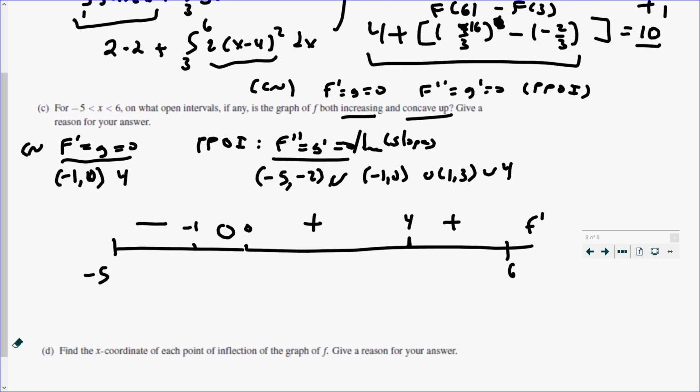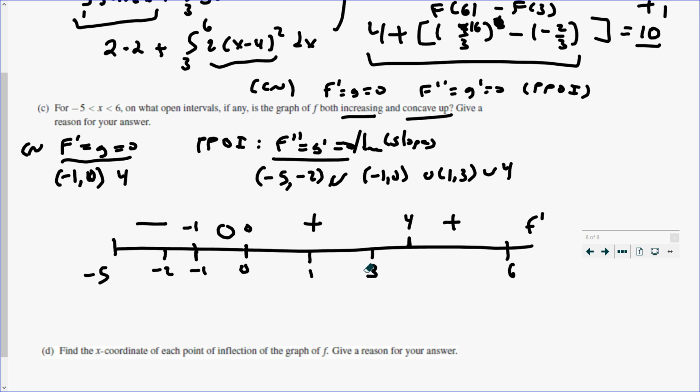All right, now let's do the concavity. So concavity is from -5 to -2. So there's -2. From -1 to 0. Nope, and then from 1 to 3.